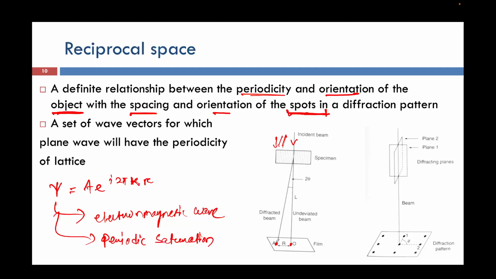Now if I put another plane, then what will happen? This is plane 2, right? The beam will come and get diffracted from plane 2 in this manner, right?